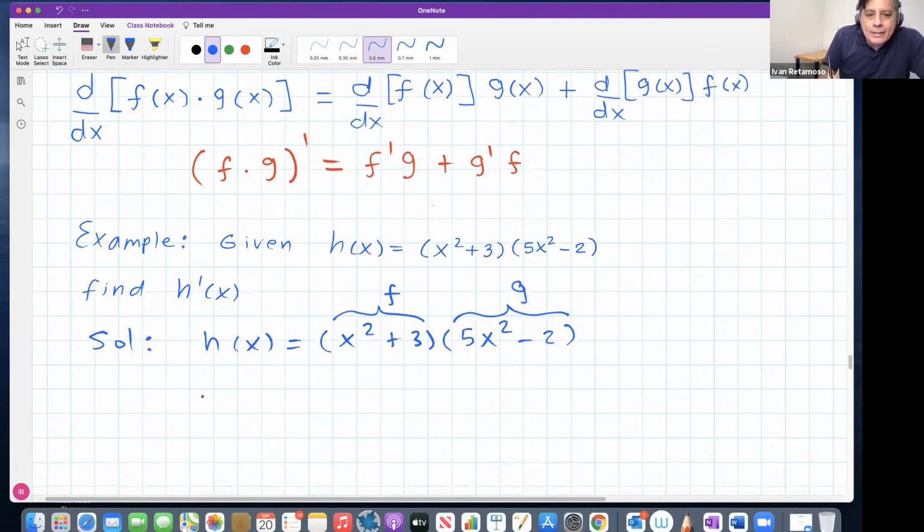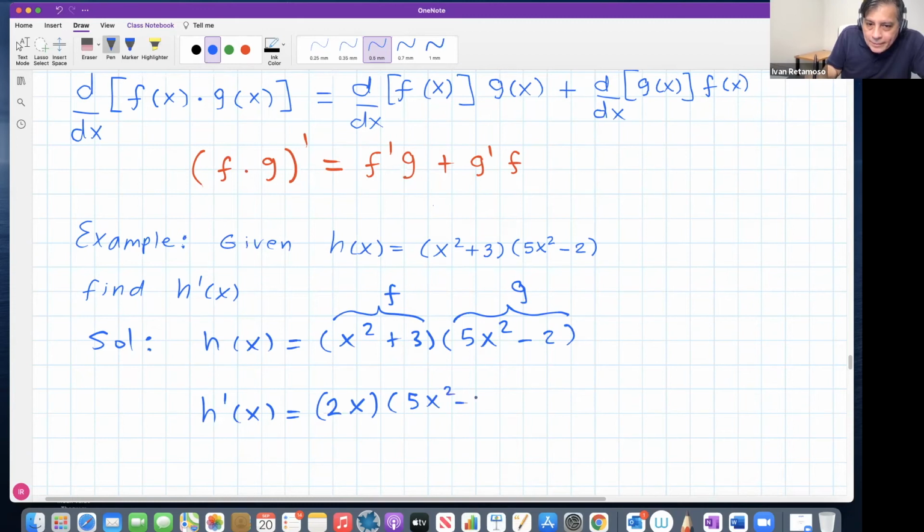Now, the derivative of the function h should be equal to, start with the derivative of this guy, the derivative of f. What is the derivative of f? Well, the derivative of x squared is twice x, right? The derivative of 3, a constant, is 0. So this is the derivative of f. That must be multiplied by g as it is, no derivative.